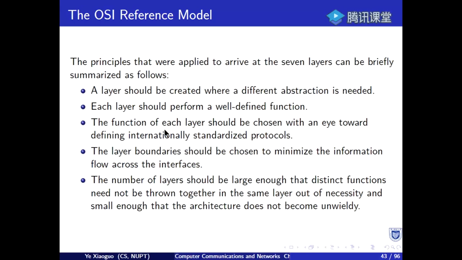We remember last time we learned a 3-layer example: philosopher, translator, and secretary. Here, there are 3 layers. Each layer has its own abstraction, right?